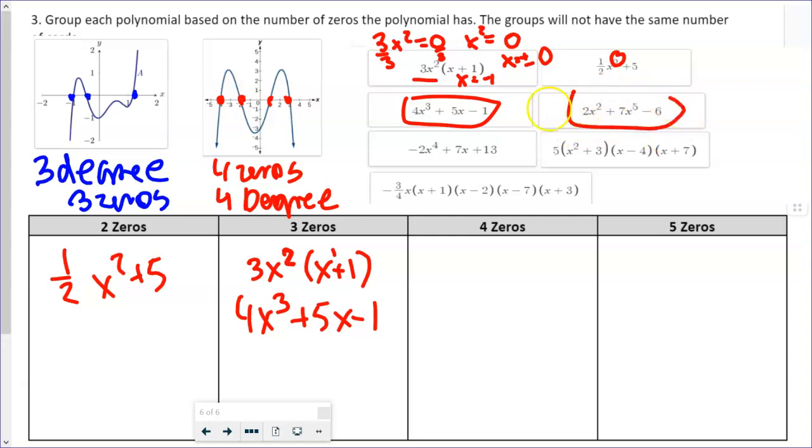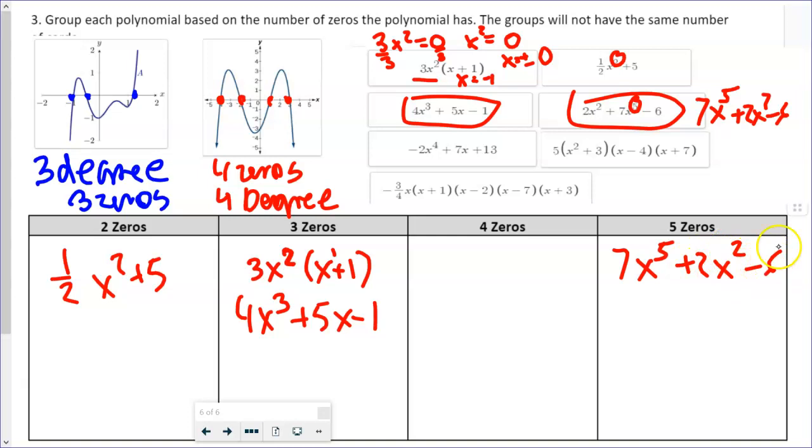This one right here, 2x squared plus 7x to the 5th minus 6, you have to put it into standard form. Remember, the highest degree, 5, goes first, plus 2x squared minus 6, which means that this function will go under 5 zeros according to the leading degree of that function, because we got a 5 right here.